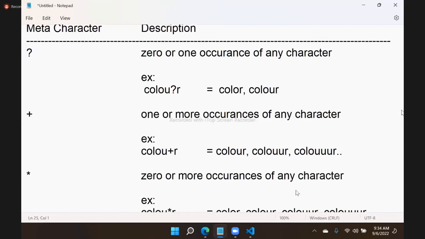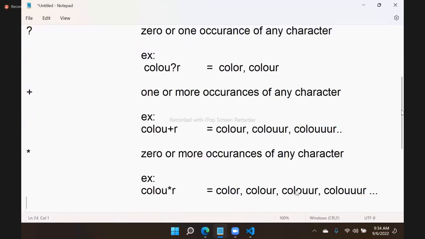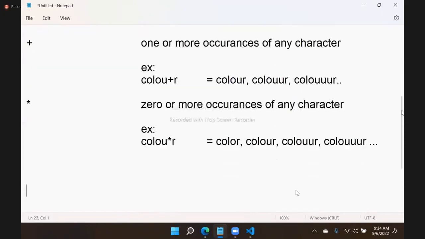Both are allowing 0. What is plus? Plus indicates mandatory. There must be one occurrence, more than one, any number of times that you can define using this. Next important, in the meta characters, we have dot. Dot defines any single character.